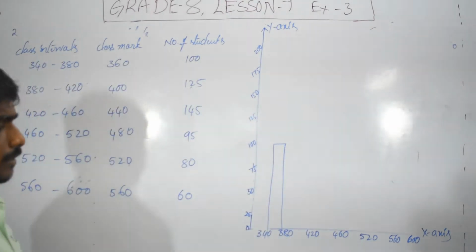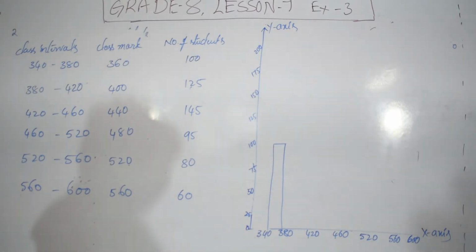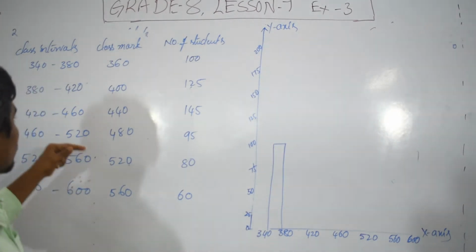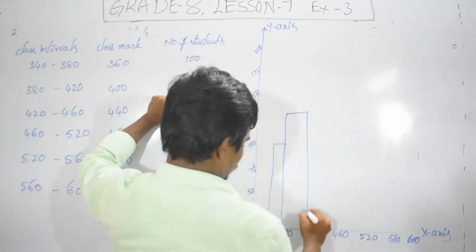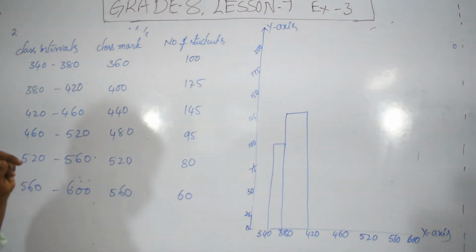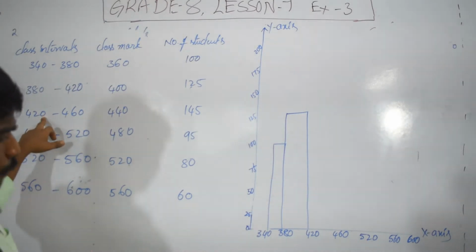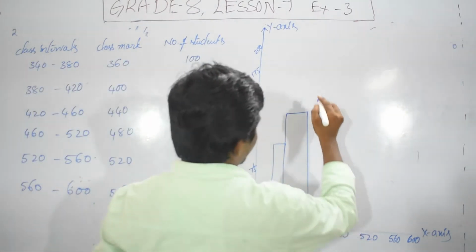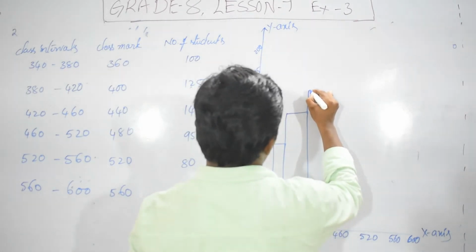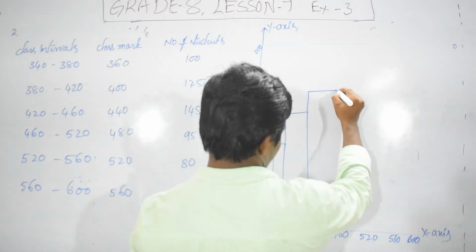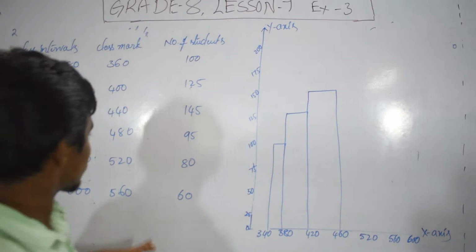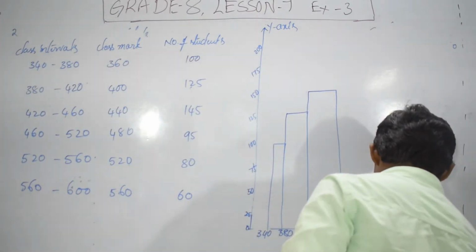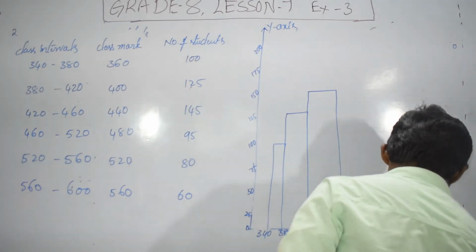Next 380 to 420, 125. 420 to 460, 145. 460 to 500, 500, 540, 580.